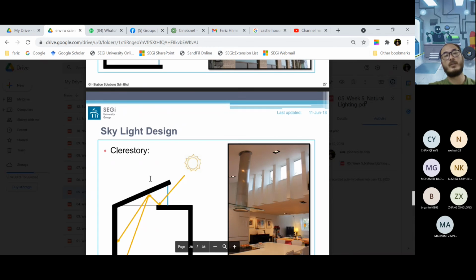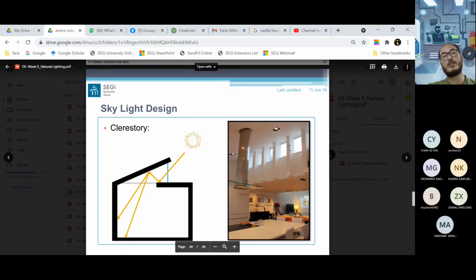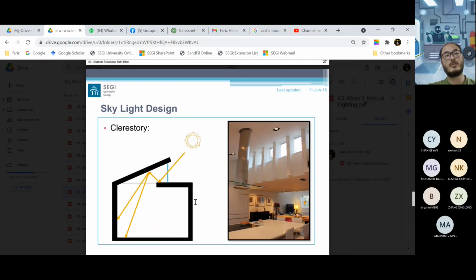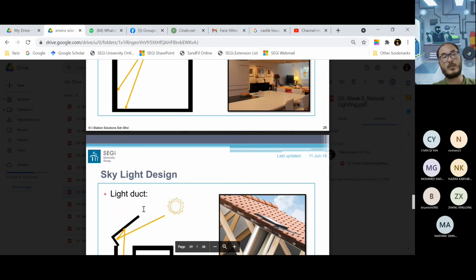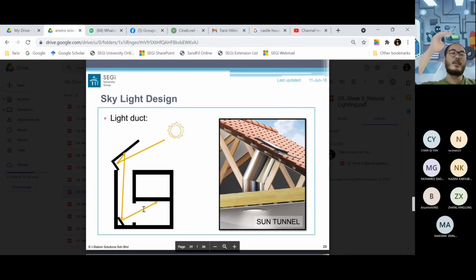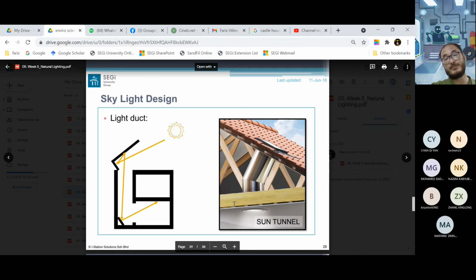Clerestory. Clerestory has a high ceiling window, reflects on the roof, and then goes to the room at the bottom. Light duct. Light duct is also quite interesting. It's a new technology for houses that never have a proper direct sunlight or daylight.